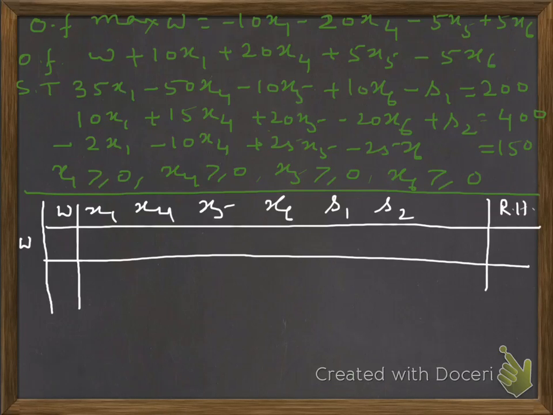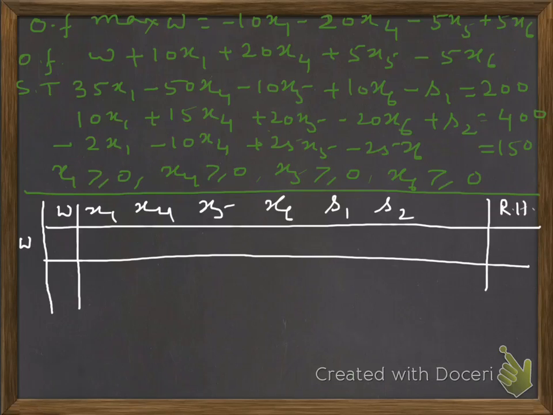And for that, you know that a basic variable is one which is present in only one equation. So if you look at the first constraint, that is 35x1 minus 50x4 minus 10x5 plus 10x6 minus s1, you see that only s1 is a variable which is present only here and not present in any other equation. But then it has to have the coefficient plus 1 if it has to be taken as a basic variable.